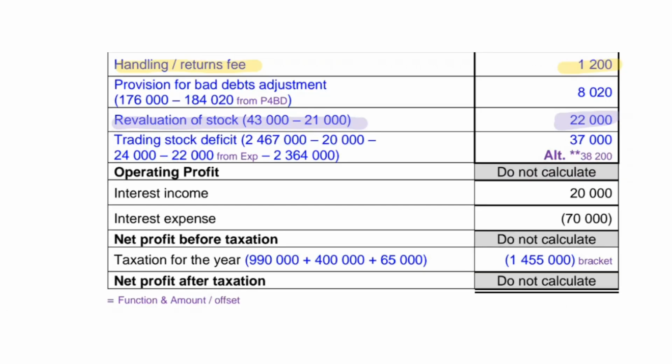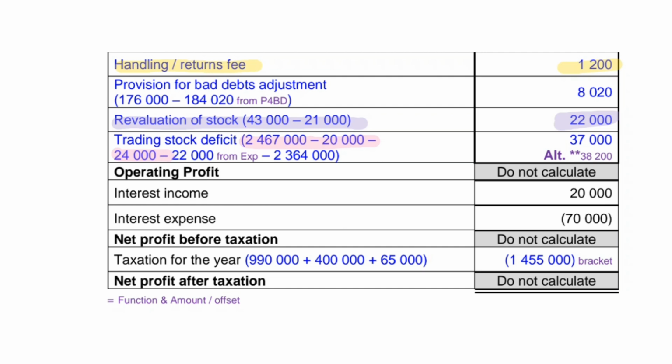Our trading stock deficit: we have the amount on the pre-adjustment trial balance. That is what we started off with. And then we realized that 20,000 rand worth of stock was stolen. It's not part of our trading stock. And then we realized that 24,000 rand, we had to return it to the supplier. It's not part of our stock, so we need to remove it from that amount.